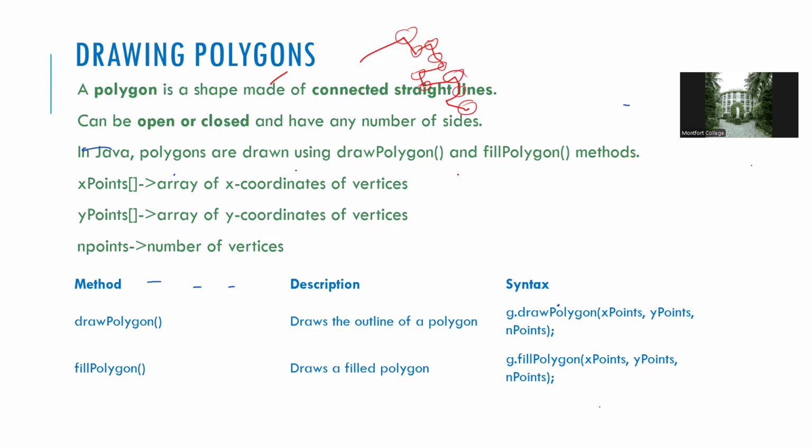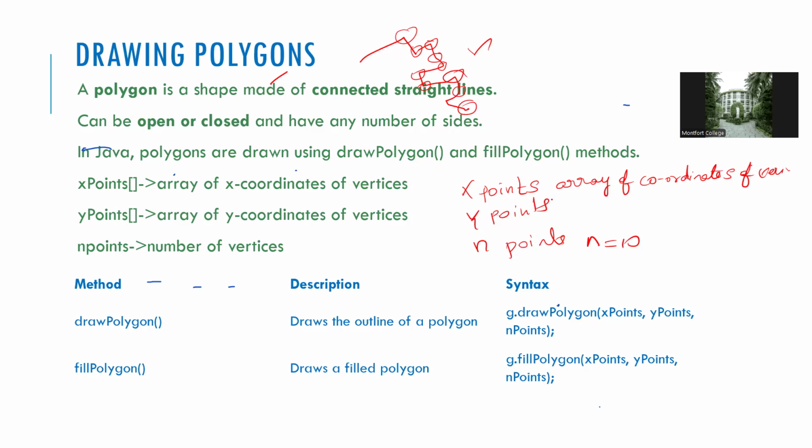In polygon, the syntax is x points, the array of x coordinates of vertices. Similarly for y points, and finally n points. The number we counted here is n equals 10.